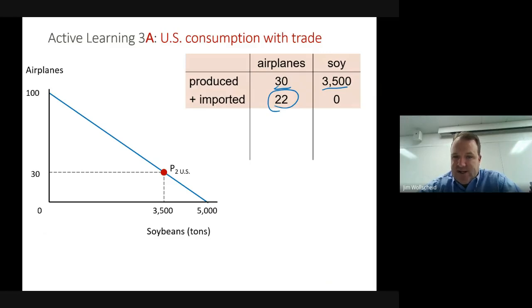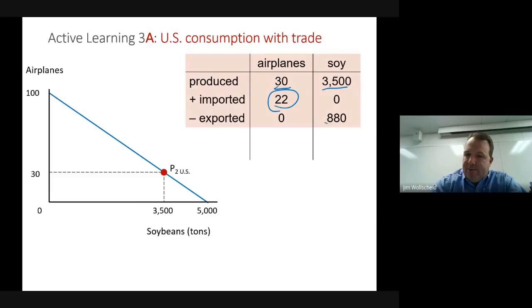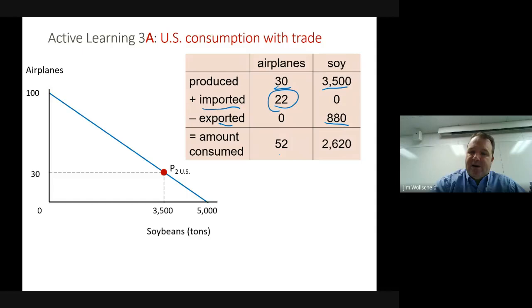That's what the US is going to get. And they're going to have to give up 880 soy. So the US imported 22 airplanes and exported 880 soy. So what does the US end up with? Well, it ends up with 52 airplanes and 2,620 tons of soy.